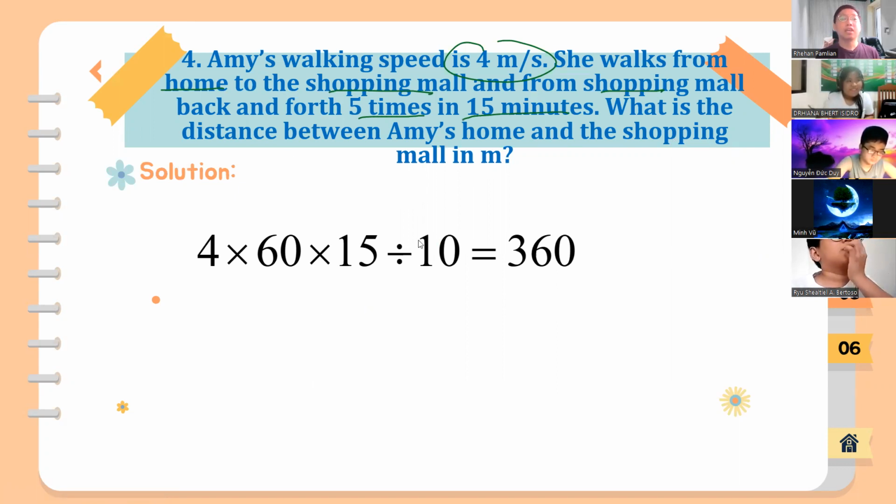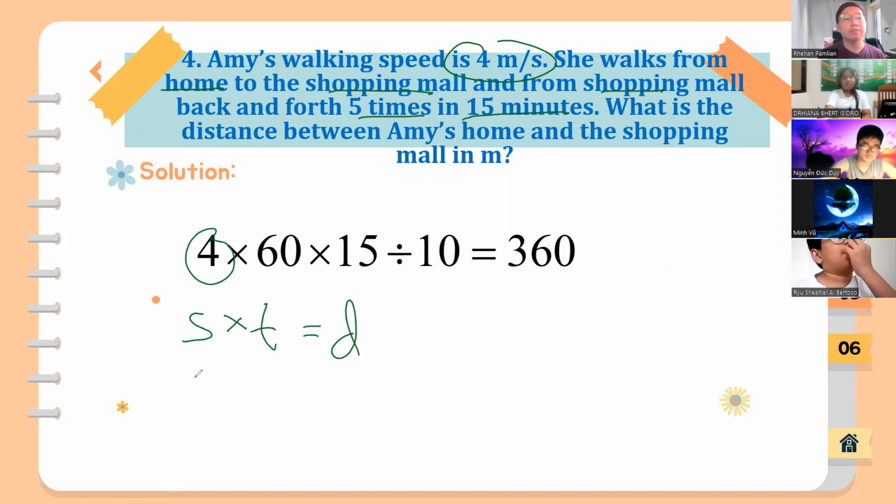You just need to take note that you are asked for the distance, correct? So this 4 here is in meters per second. This is the speed. So speed times time, okay, will give you the distance, correct? That's rate times time will give you the distance.